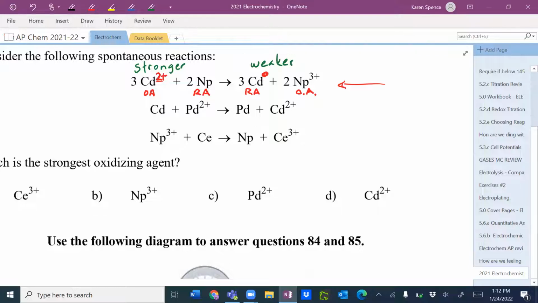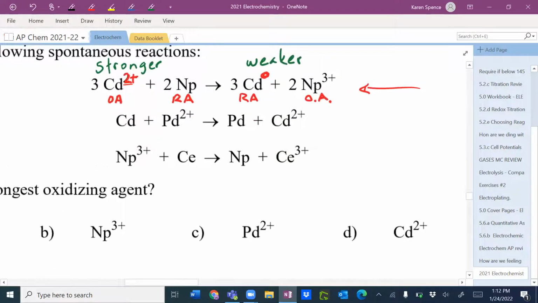So cadmium 2+ is successful at taking 2 electrons from NP. NP is not good enough to take 2 electrons from the cadmium and go backwards.